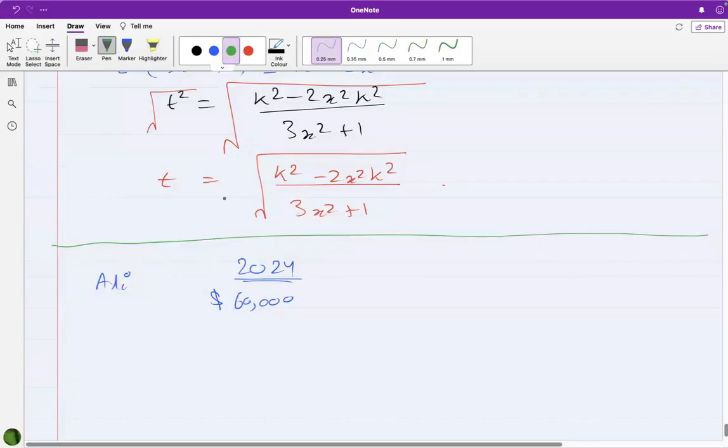And it is given that Ali will get a raise of 10% in 2025. So find the salary Ali will receive in 2025. This is forward.